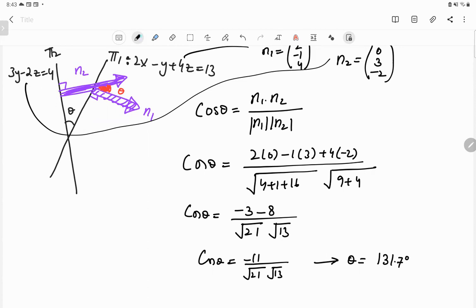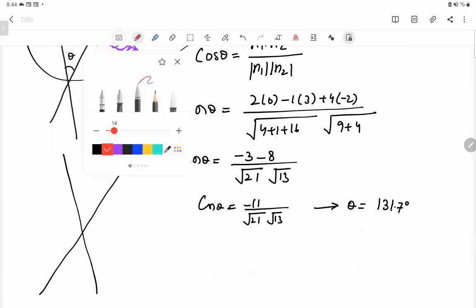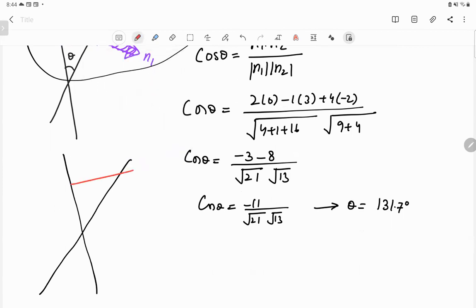In fact, this angle tells me that these are the two planes, okay, and their vector normals are like this. Their vector normals were not pointing in the direction that I showed.